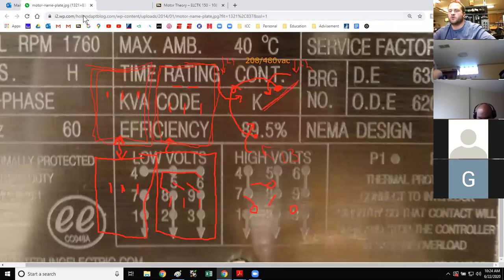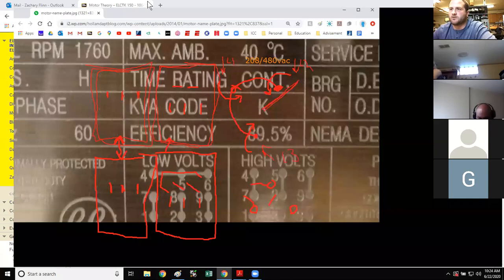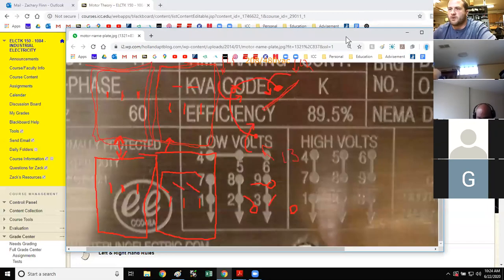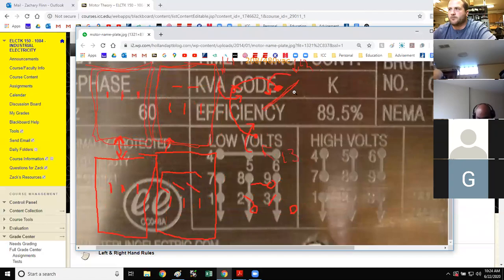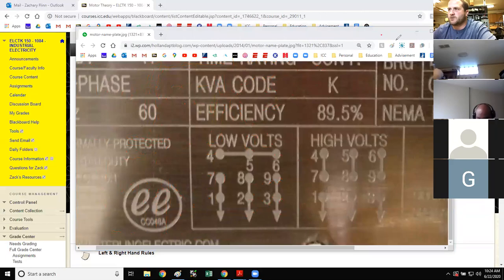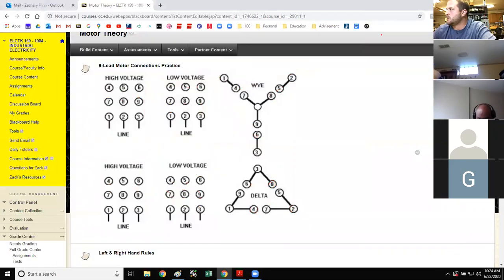So what we'll do next time tomorrow is we'll hook up the 3-phase motor behind me using the information that we just learned. I just want to try to show you what I'm talking about.